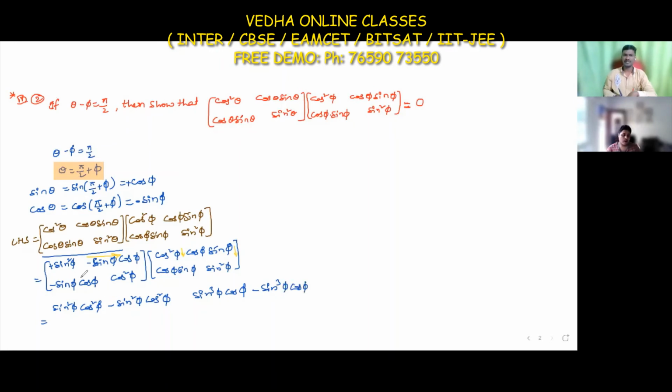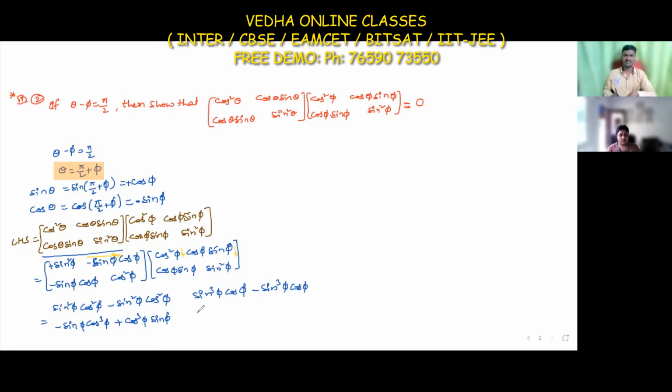Now take the second row with the first column: minus sin phi into cos square, that is cos cube phi, plus cos square into cos cube into sin phi, cos cube phi into sin phi.